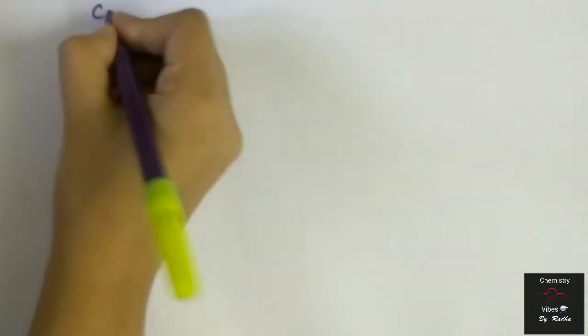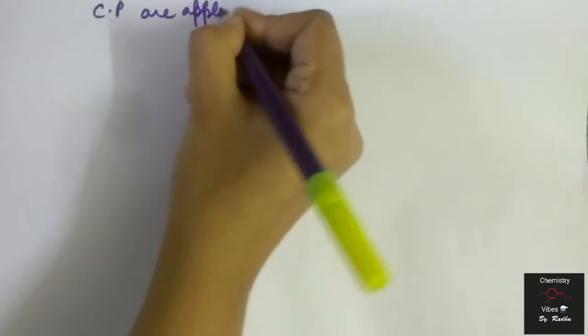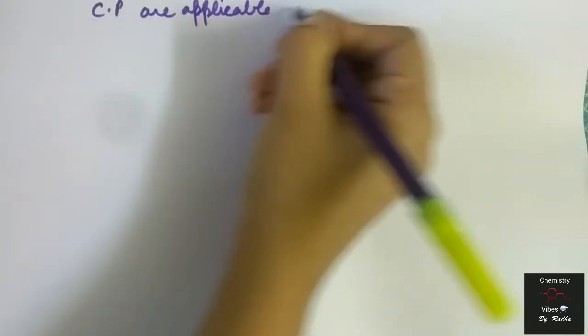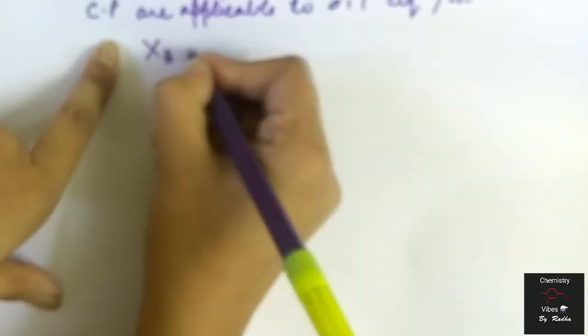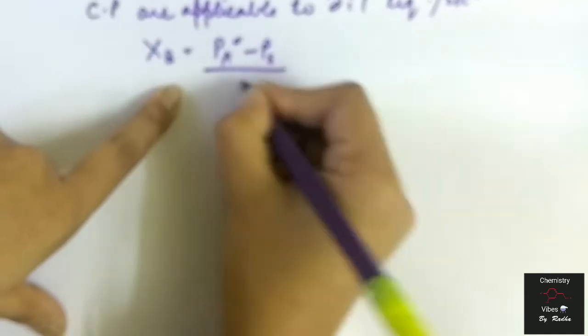Now we know that colligative properties are applicable to dilute solutions. So I have this formula, XB is equal to PA naught minus PS upon PA naught, which I have just derived.